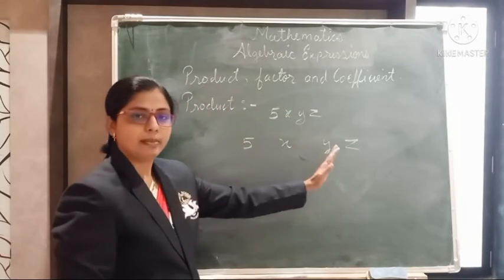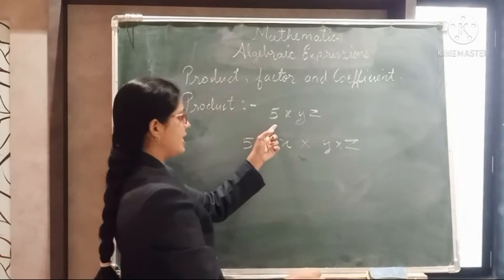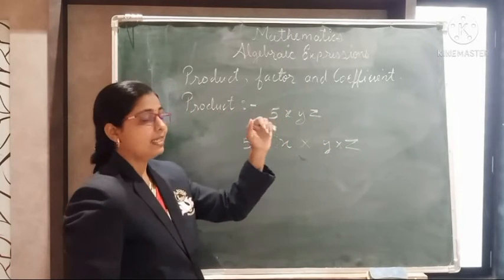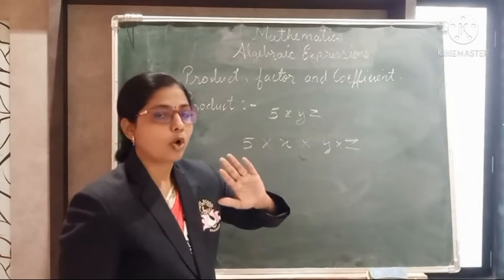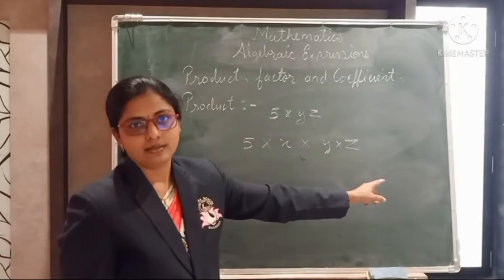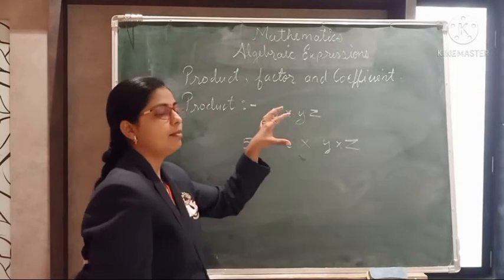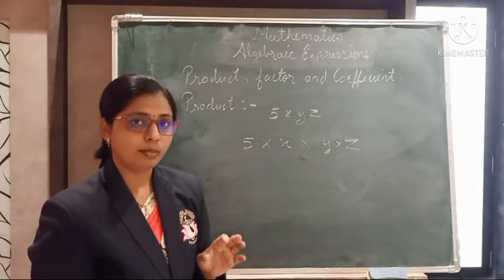When we multiply them, it becomes 5xyz. That means 5xyz is a product of 5, x, y and z.